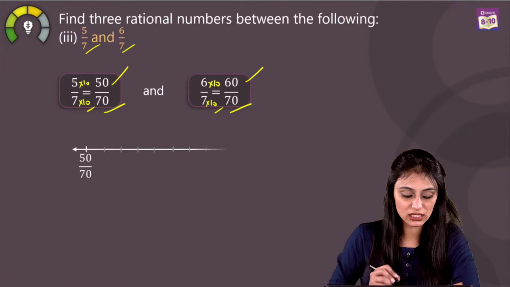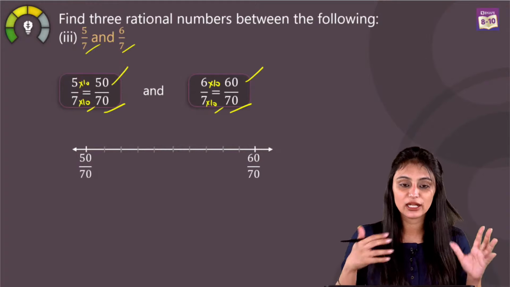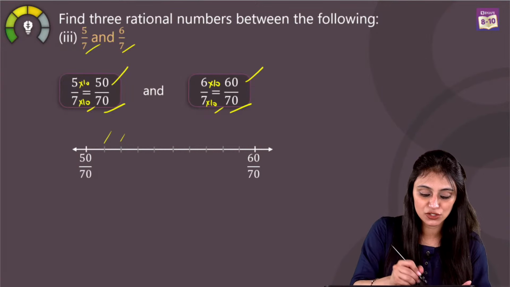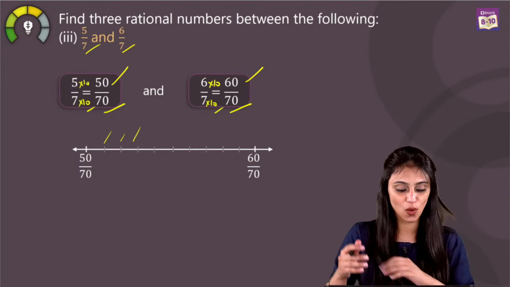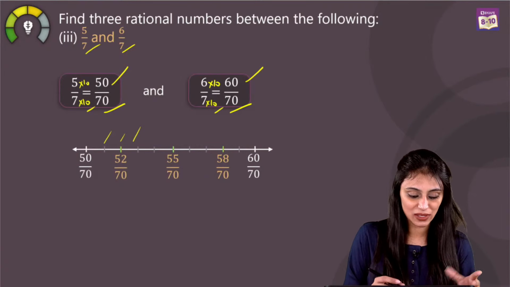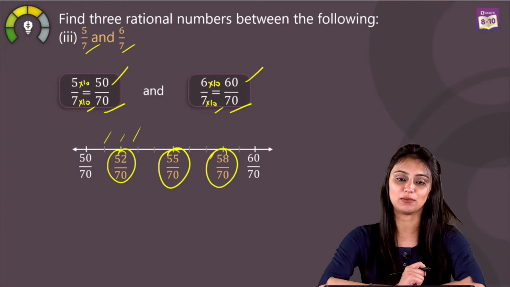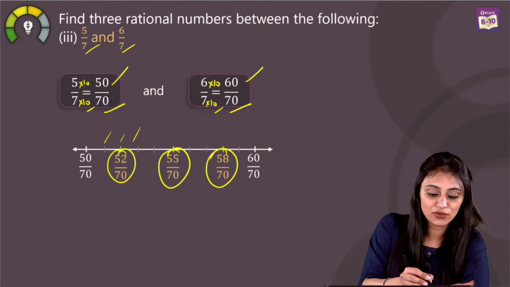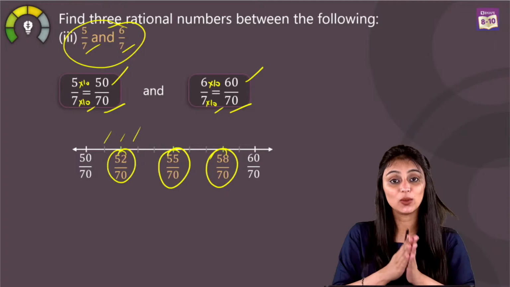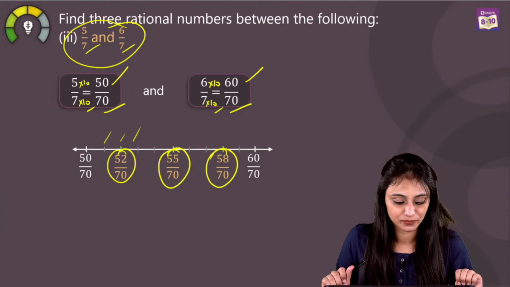So between 50 by 70 and 60 by 70, there are so many numbers, 51 by 70, 52 by 70, 53 by 70, and so on. This is 52 by 70, that's 55 by 70, that's 58 by 70. Or the other method, if you want to use, (a plus b) by 2, that also you can do without even drawing the number line, right?